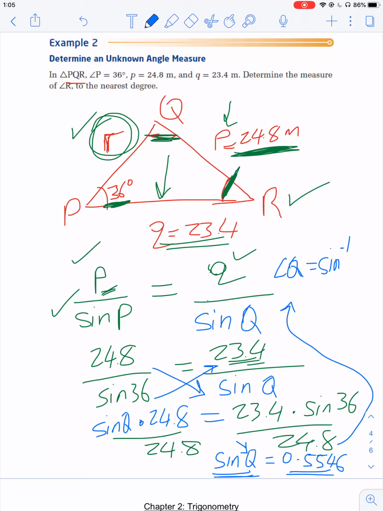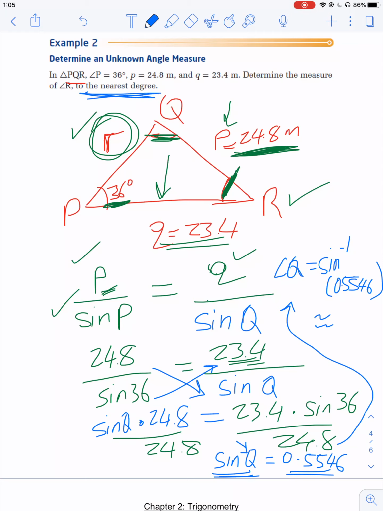So sine inverse of 0.5546 gives me the angle approximately. They're asking me for the nearest degree.